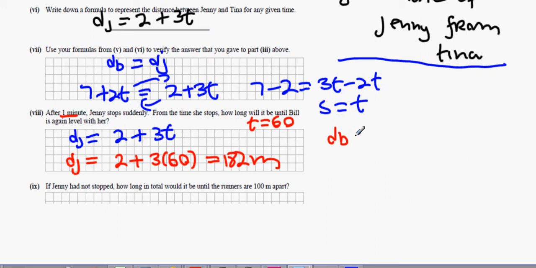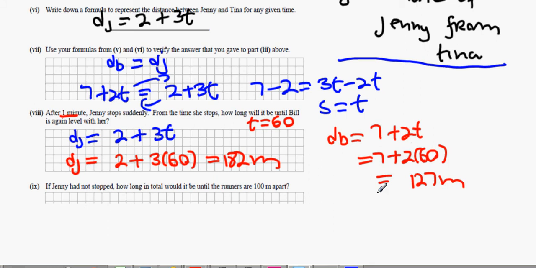So the distance of Bill away from Tina is going to be 7 plus 2t, which is 7 plus 2 times 60, and that equals 127 meters.